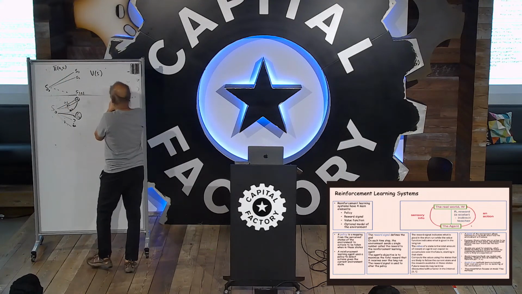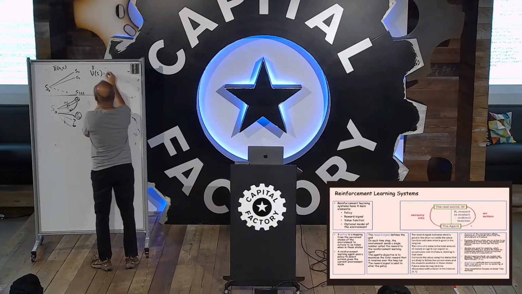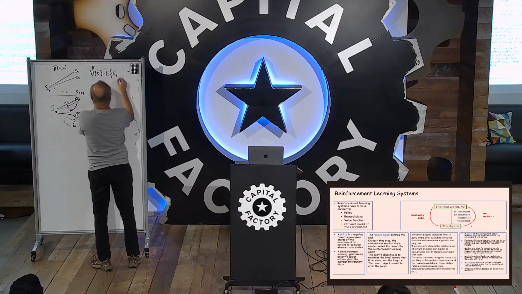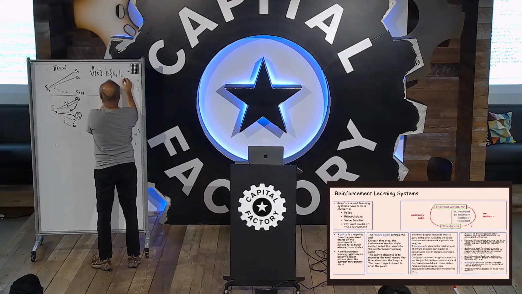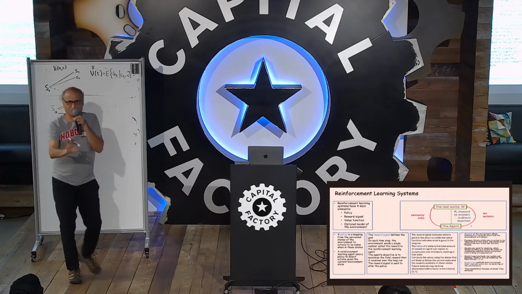Under that policy pi, you're looking at the expected value of G_t given S_t equal to S. Now, G_t is nothing but the reward, right?